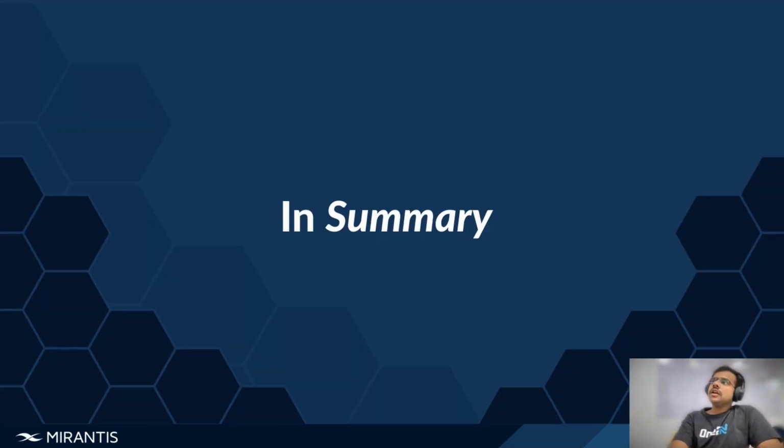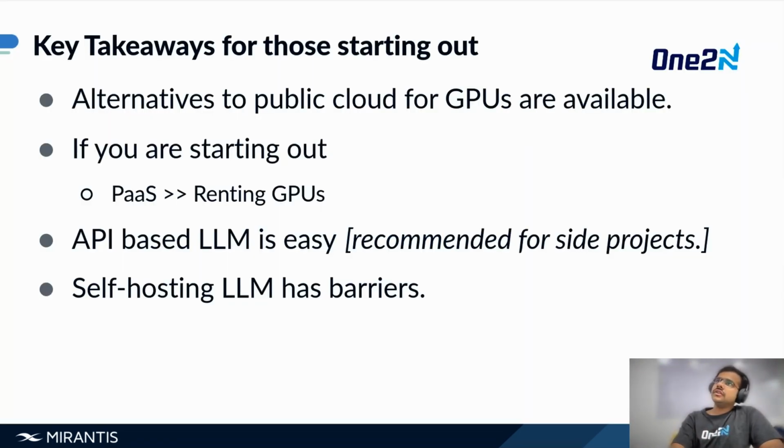Now, in summary, the key takeaways for you as someone trying to go day zero would be that alternatives to public cloud for GPUs are available, and they are much cheaper and will depend on the location you are at and the government policies and a lot of different factors.